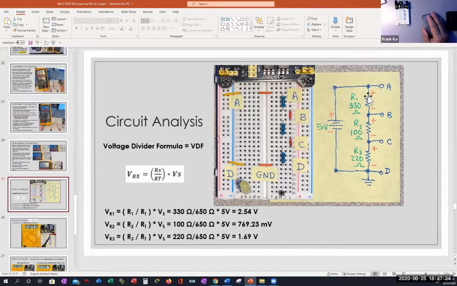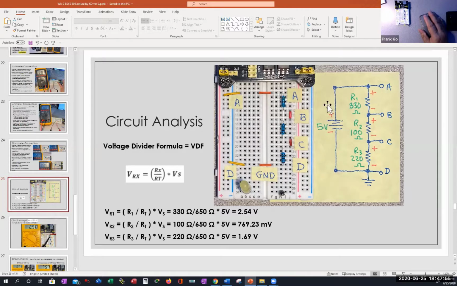So we have 3 resistors, and we have point A, point B, point C, point D. And we have these polarities. So let's study these polarities for a moment. Long plate of the source is positive. The short plate of the source is negative. If you take a look at R1, the top of R1 being connected to the top of the voltage source, it shares the same polarity.